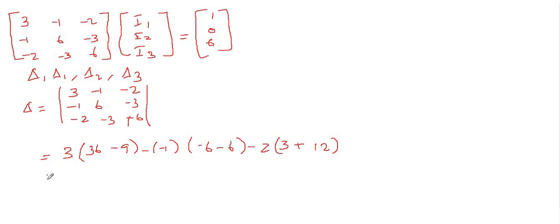So on solving this we get 81 minus 12 minus 30, which is equivalent to 39, the value for del.